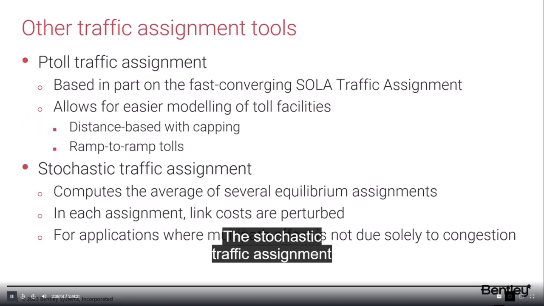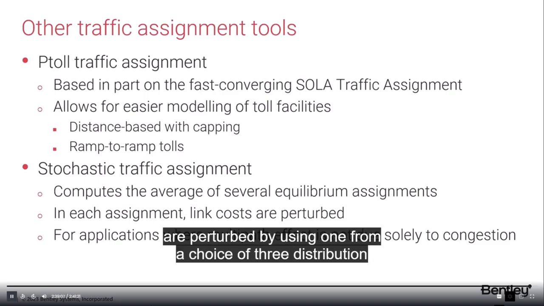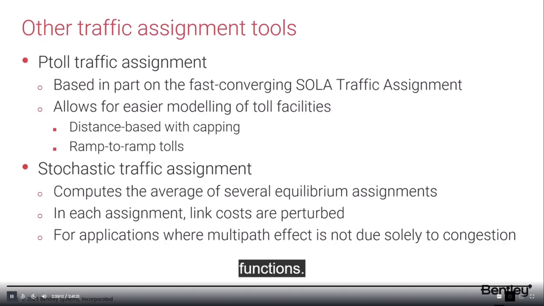The stochastic traffic assignment implements a stochastic user equilibrium assignment. It computes the average of several separate multi-class equilibrium assignments where the link costs are perturbed by using one from a choice of 3 distribution functions.